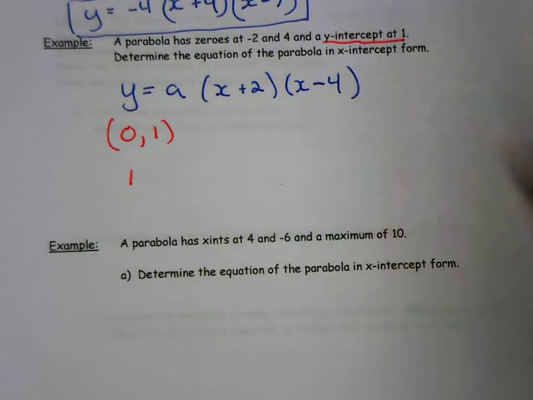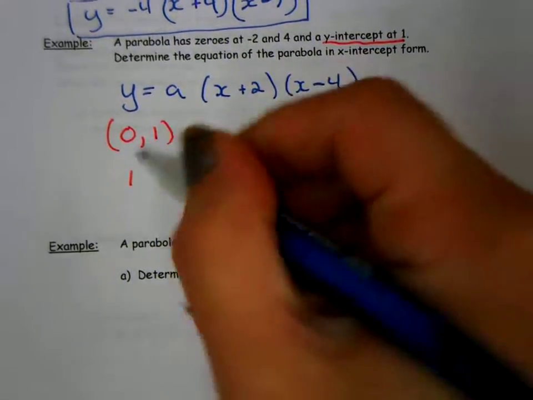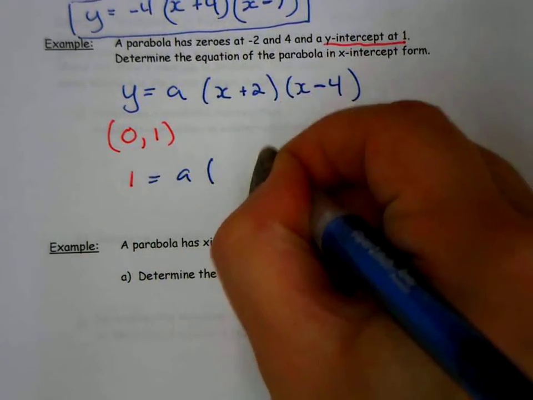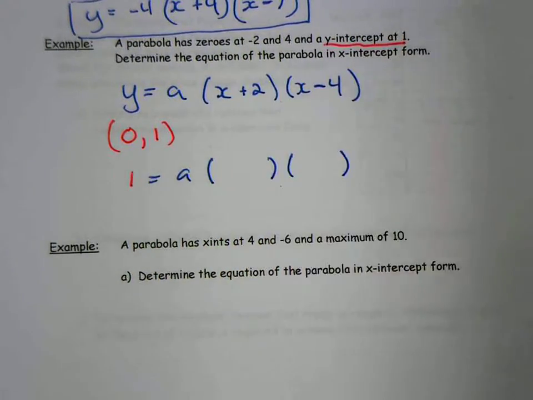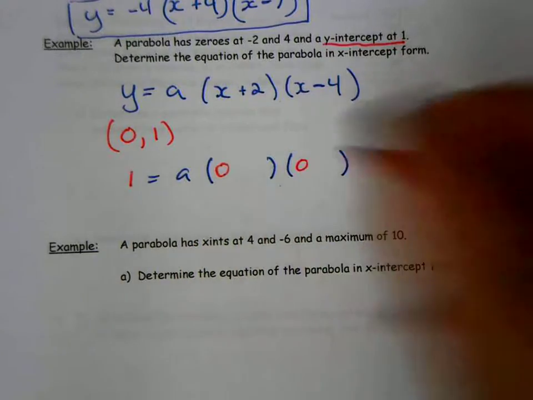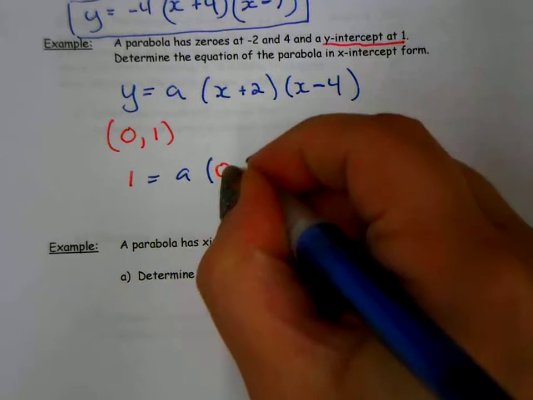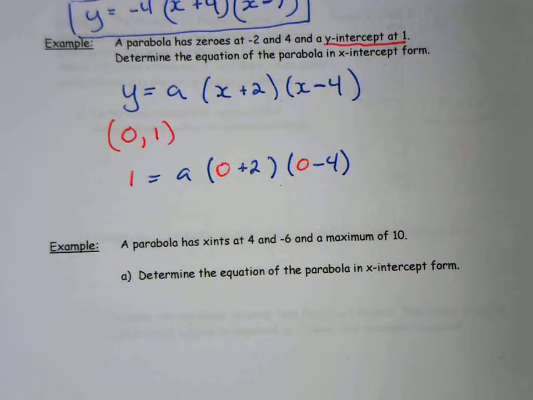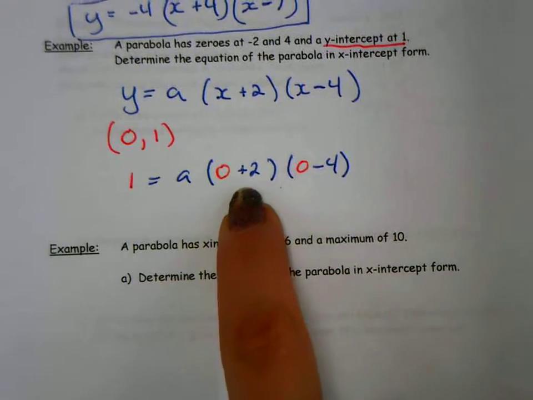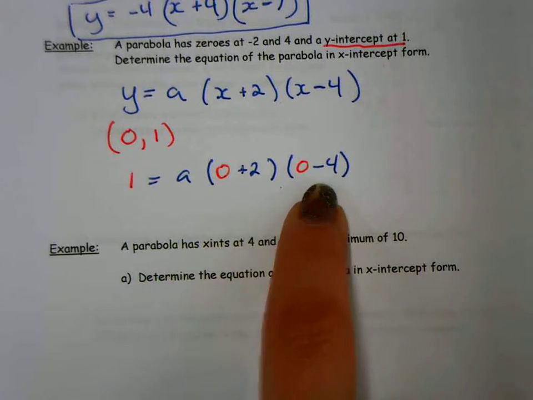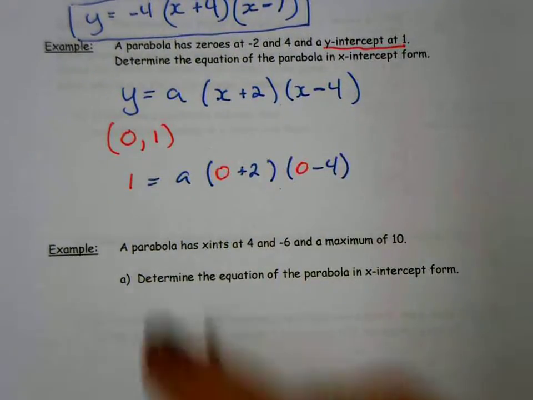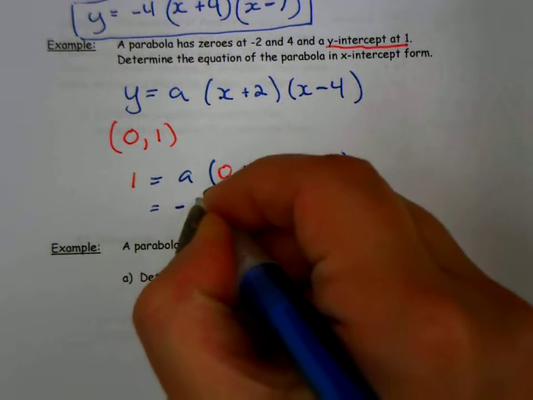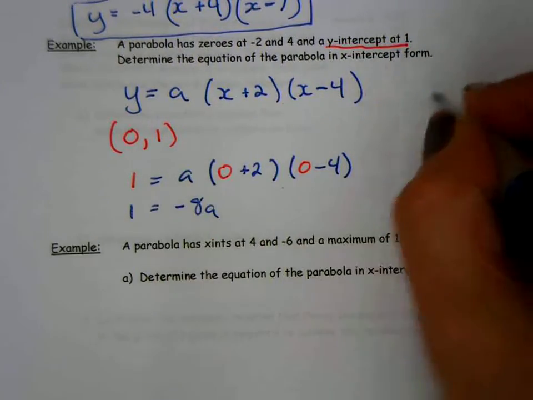We have 1 equals a, 0 plus 2, and 0 minus 4. When I simplify this, I get 2 times -4 is -8, multiplied by a equals 1.